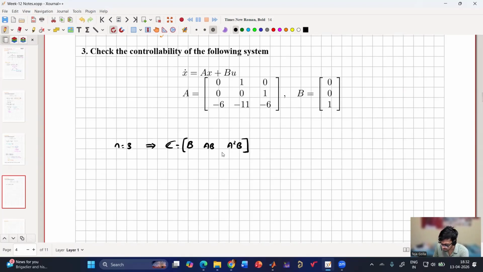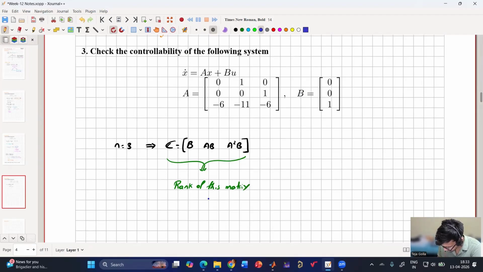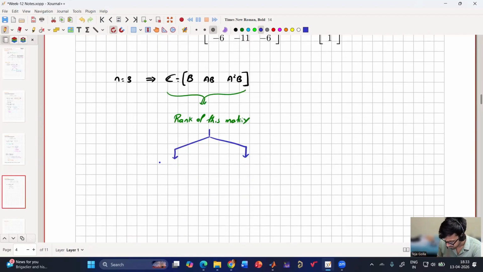So I have to check the rank of this controllability matrix. As I said, two cases: the rank is equal to 3, which means all states are controllable, or less than 3, which means not all states are controllable.